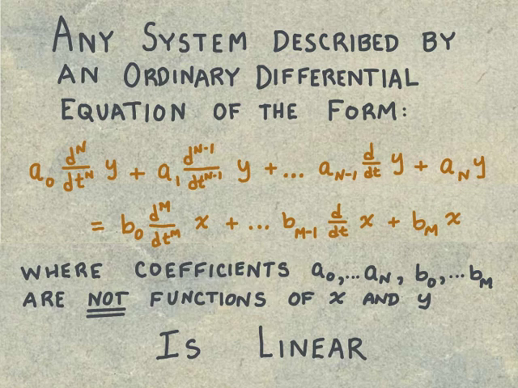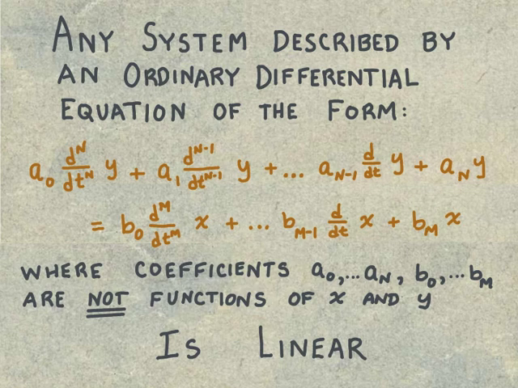You see on the left-hand side of the equation that we have derivatives of the output up to the nth derivative. Each of these derivatives is multiplied by one of the coefficients, a0 through an, and they're summed together. On the right-hand side, we have very similar terms, except these are derivatives of the input signal x.